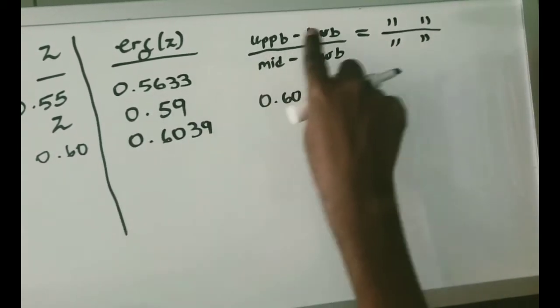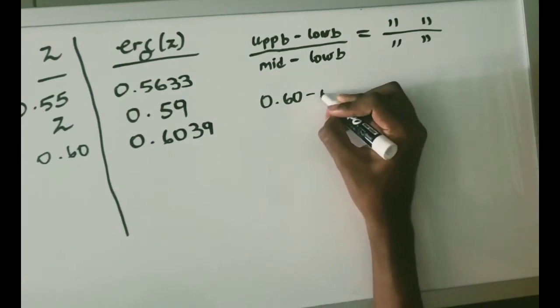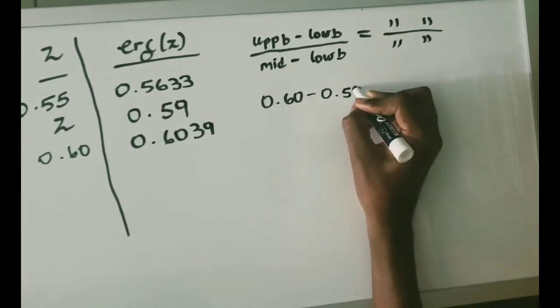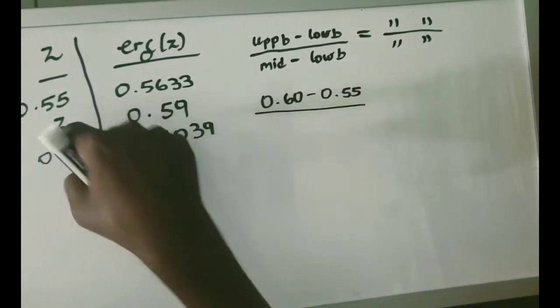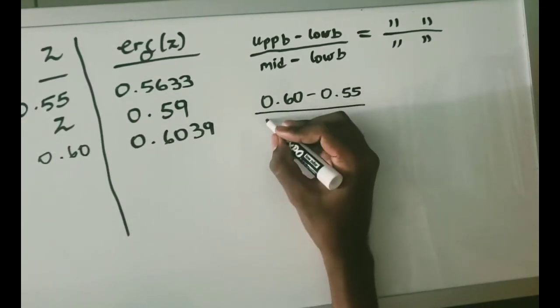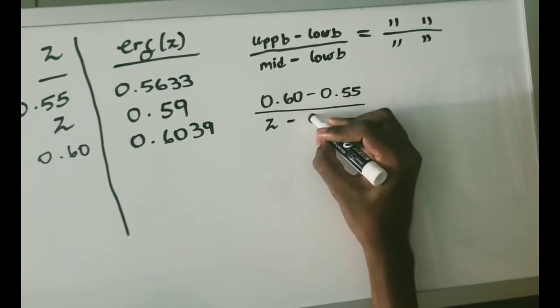So 0.60 minus our lower boundary, 0.55, over mid value z minus lower boundary value 0.55.